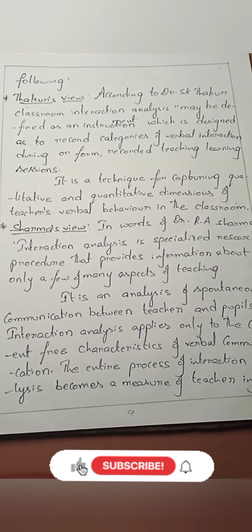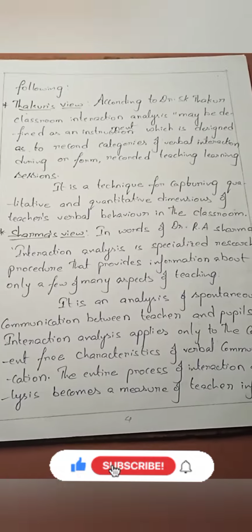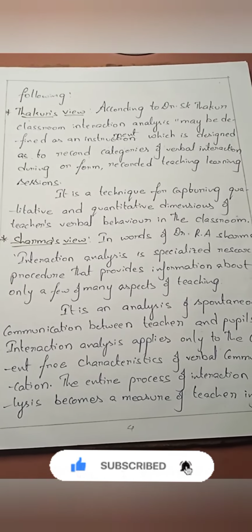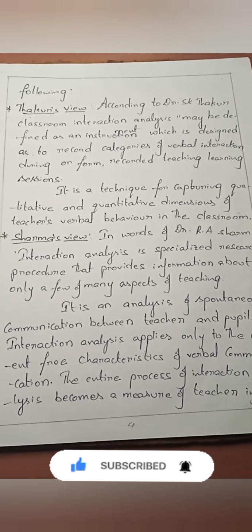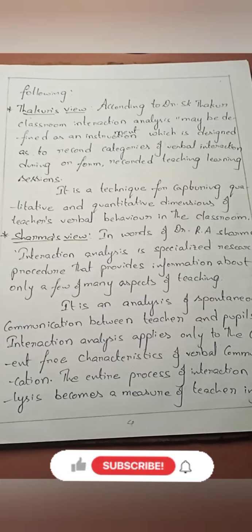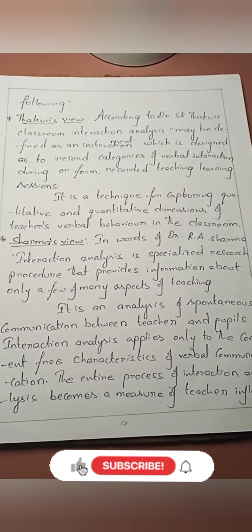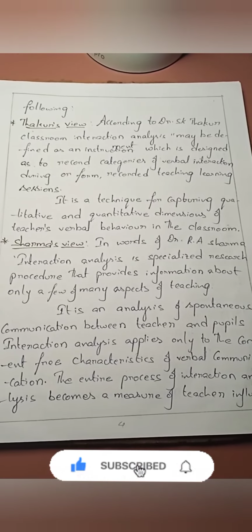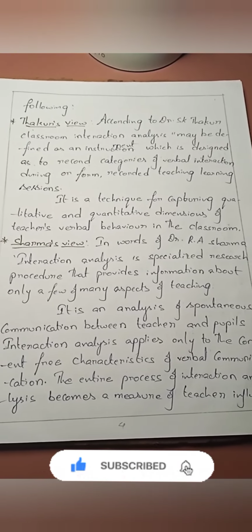According to Sharma, interaction analysis is a specialized research procedure that produces information about only a few of the many aspects of teaching. It is an analysis of spontaneous communication between the teacher and the pupil. Interaction analysis applies only to the content-free characteristics of verbal communication.